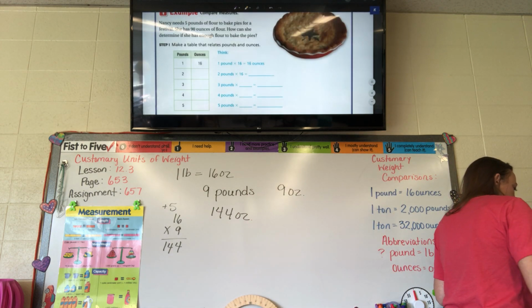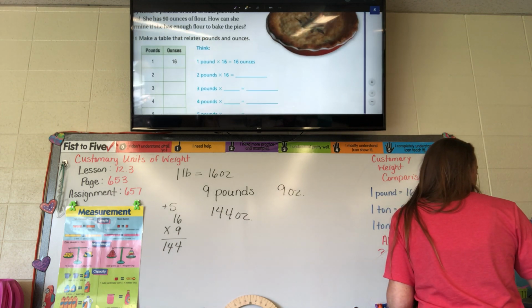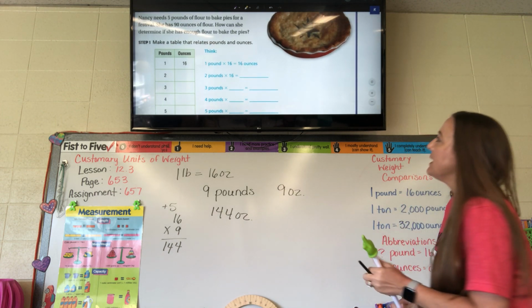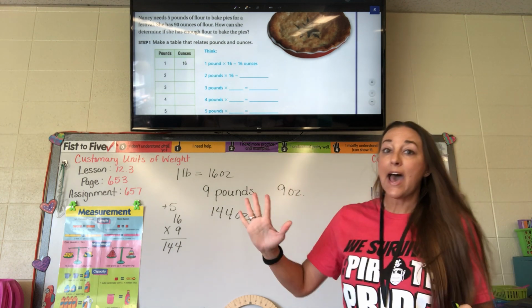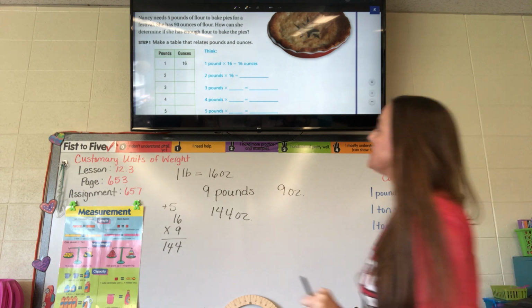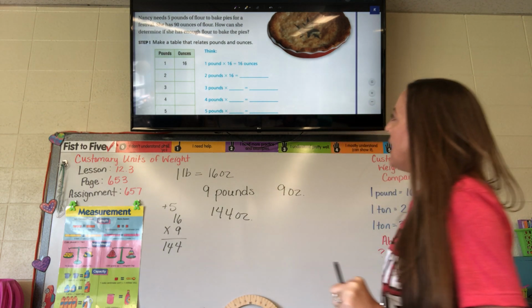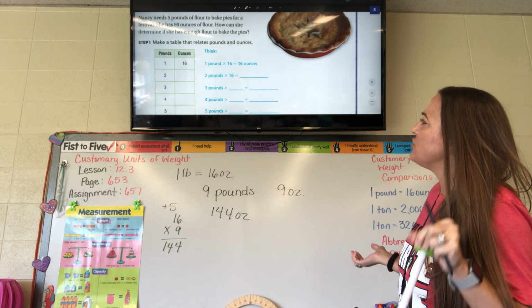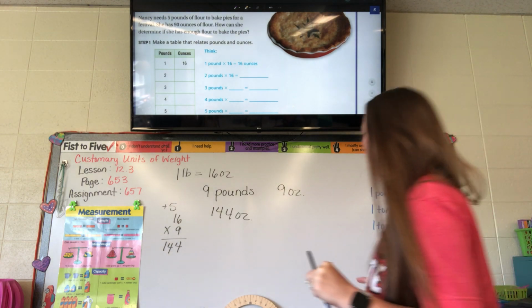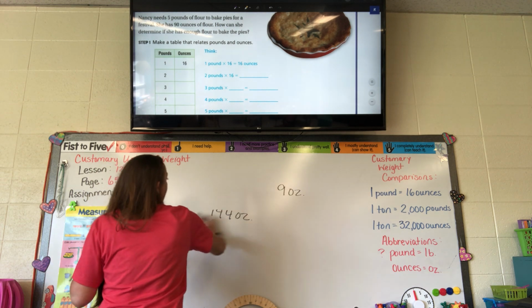Here we go. Let's make this a little bit bigger, not that big. Okay. Nancy needs 5 pounds of flour to bake pies for a festival. She has 90 ounces. How can she determine if she has enough flour? Okay, so Nancy's baking pies.